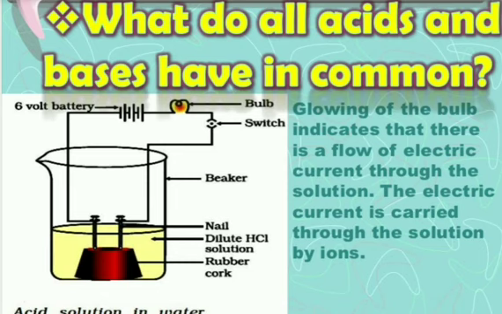As we know, whenever an acid reacts with any metal, it forms salt along with hydrogen gas. The second chemical property was that whenever acid and base react with each other, they always form salt along with water.